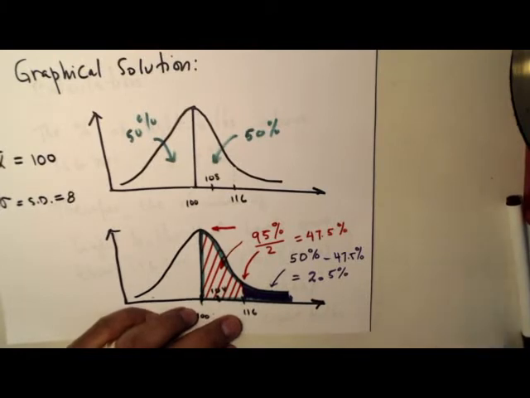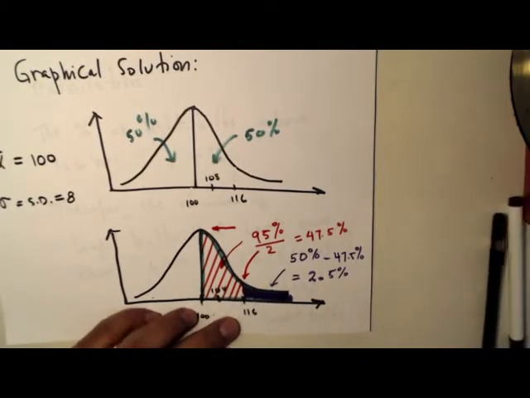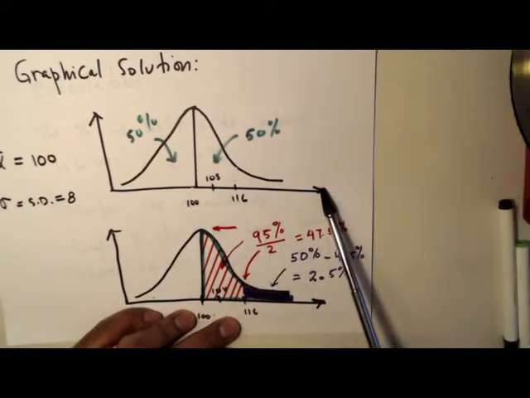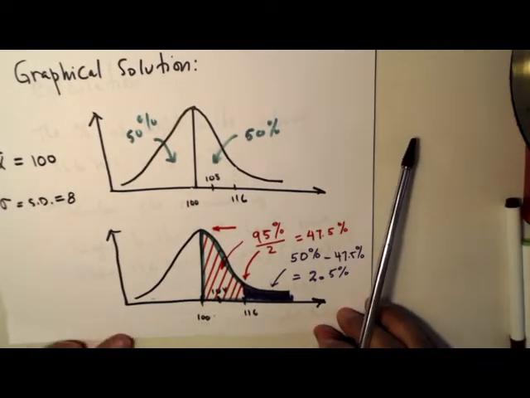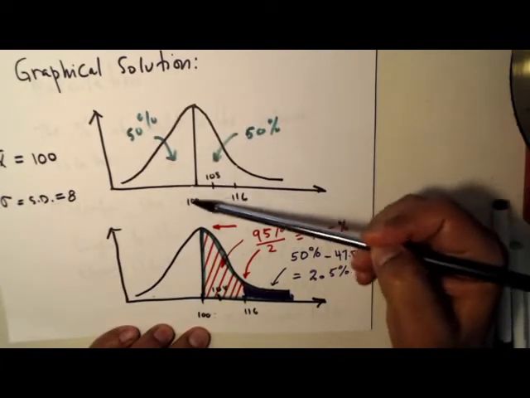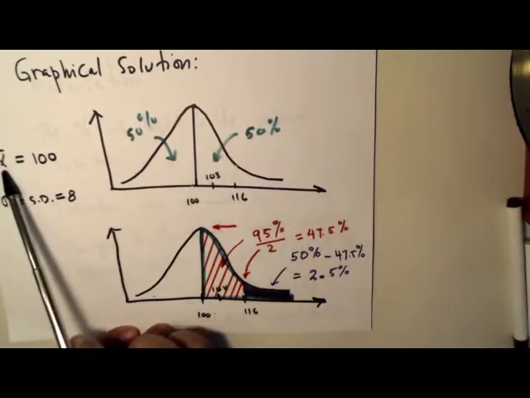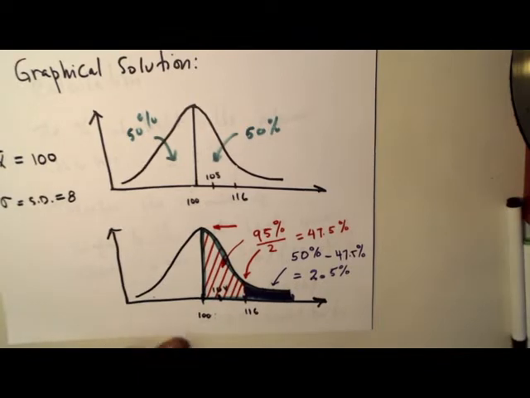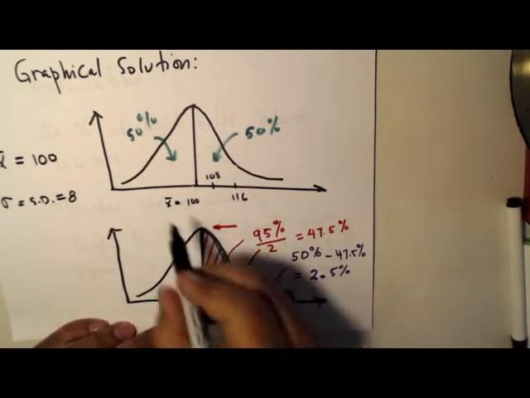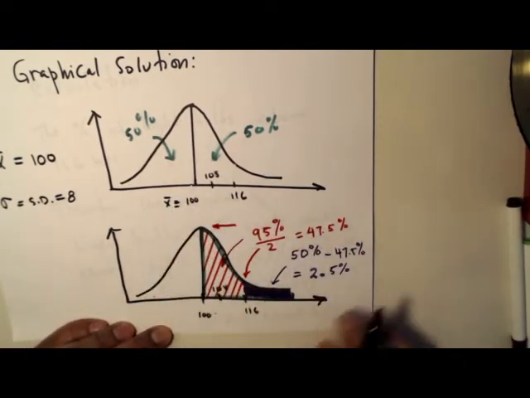Normally what we need to do is create a shape like this whenever we're calculating these problems, right? And we go right to the center, and we know that that's the mean right here. And the mean is equal to 100. So we can write it for clarification: the mean is equal to 100.